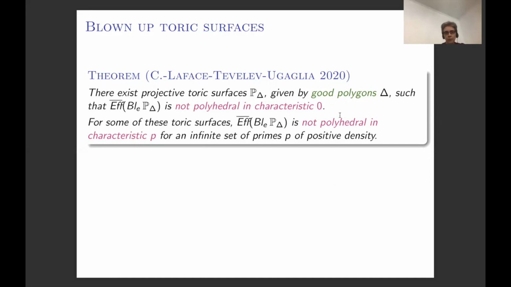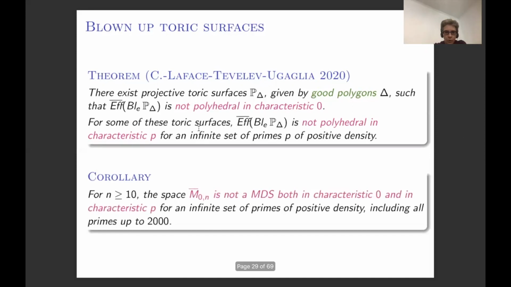And for some of these toric surfaces, the effective cone is not polyhedral in characteristic p for an infinite set of primes p of positive density. And as a corollary, you obtain that M0n bar is not a Mori dream space in characteristic 0 and in characteristic p for, again, an infinite set of primes of positive density if n is at least 10.